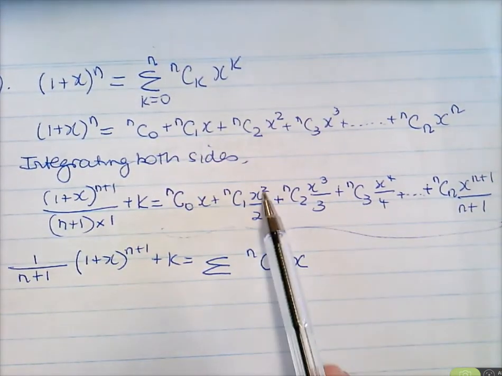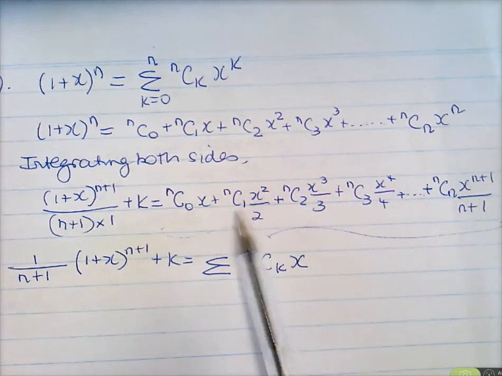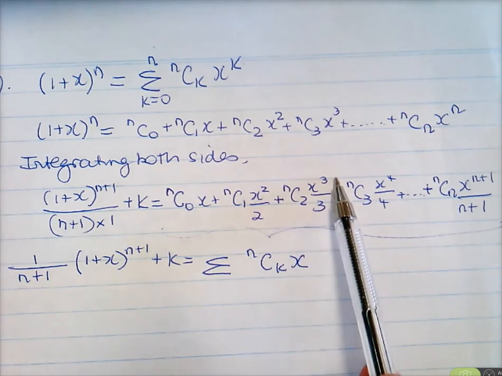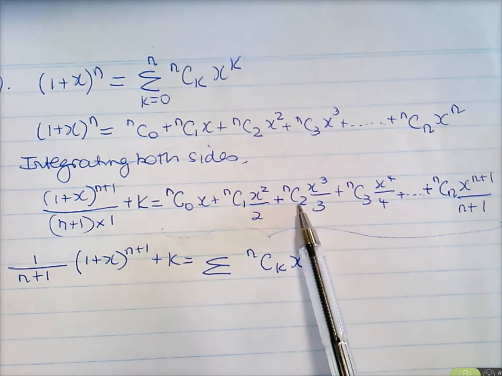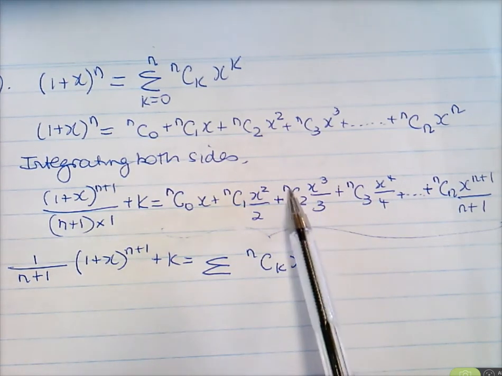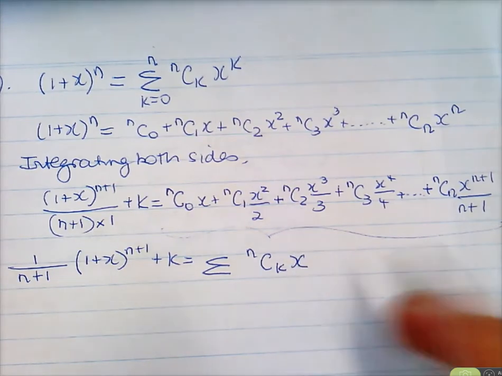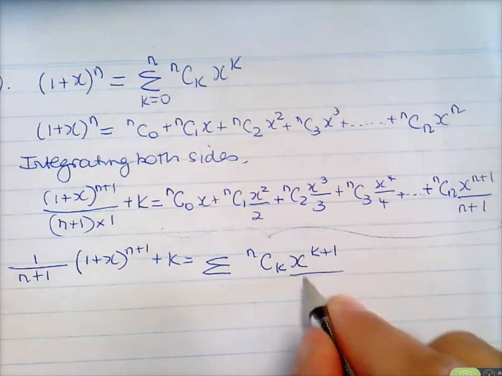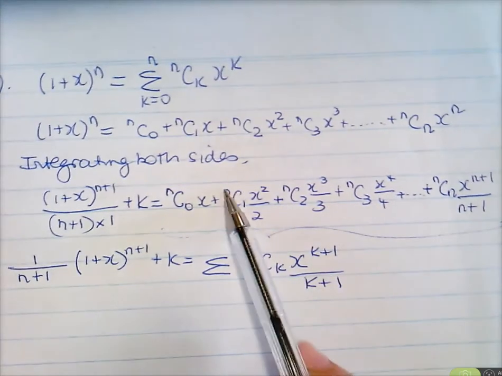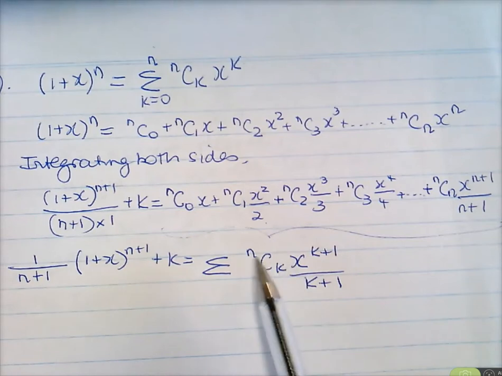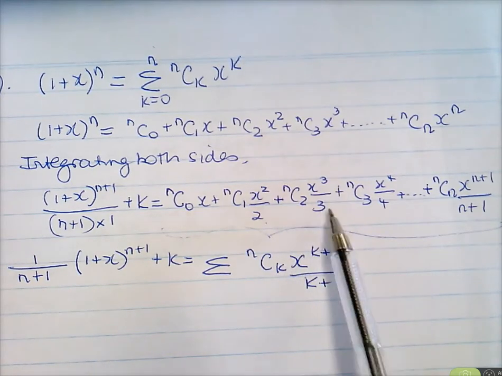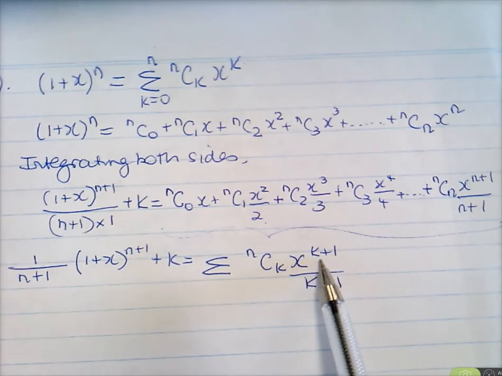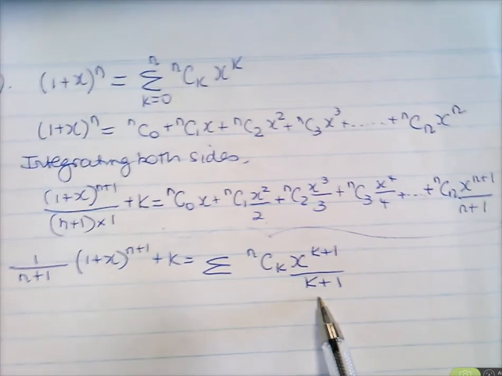See how it's x squared, x cubed? Look how we've got nC1, x squared, nC2, x cubed. Notice the x power is 1 higher than that. So it's nCk, x to the k plus 1 over k plus 1. Because look, nC1, x squared on 2. So it'll be nC2, x cubed on 3. nC, whatever k is, x to 1 power of k higher over the same number.